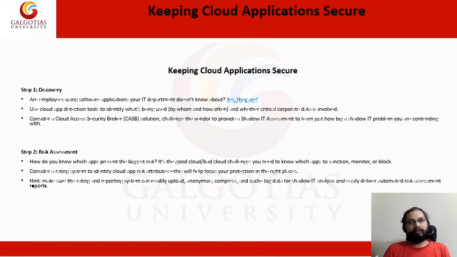Next step, we go with risk assessment. How do we know which applications present the biggest risk, the good cloud or bad cloud challenges, with application sanctions and monitoring of blocks? Or we rate the systems by identifying cloud application risk attributes, which help us focus protection in the right place.